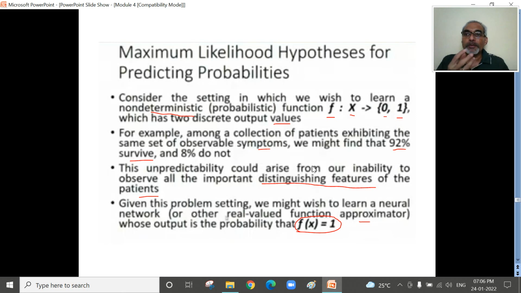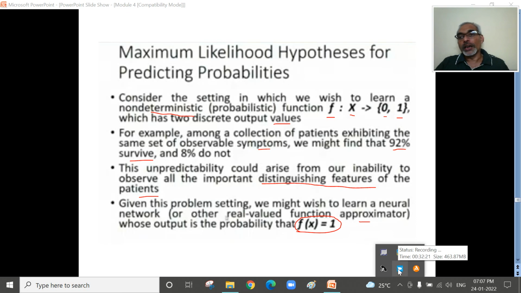Occam's razor tells us that whichever decision tree is small is better for us. Like this, for hypotheses too, we will see in more detail how we come up with a minimum description length hypothesis. Those things we will discuss in our next topic.